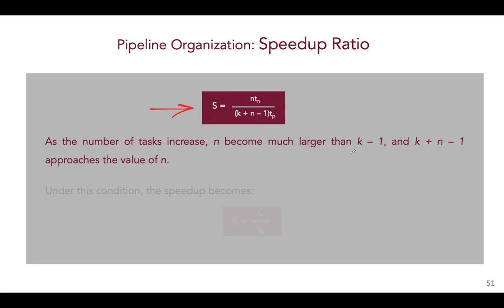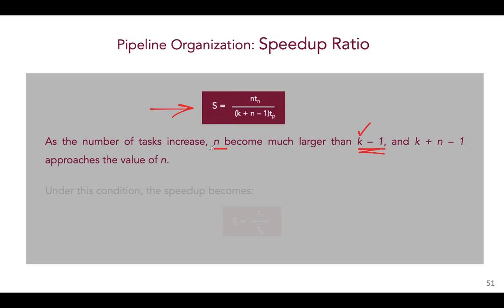If you have 10,000 tasks, suppose, your pipeline will never have even 1,000 segments. That would be too inefficient, right? So k minus 1 is always going to be very, very small compared to what n can be. N can be anything. N can approach very large values. K minus 1 will be small because k will be relatively small, right?